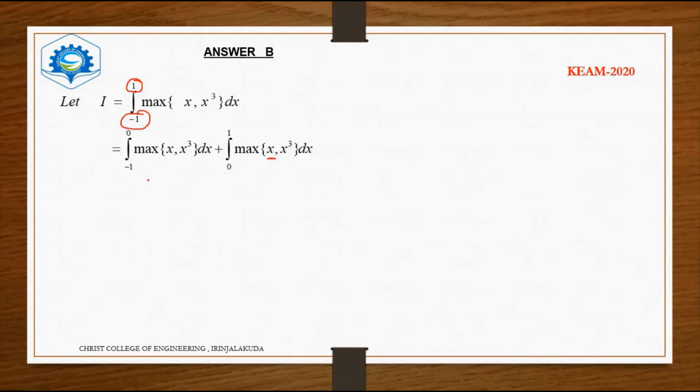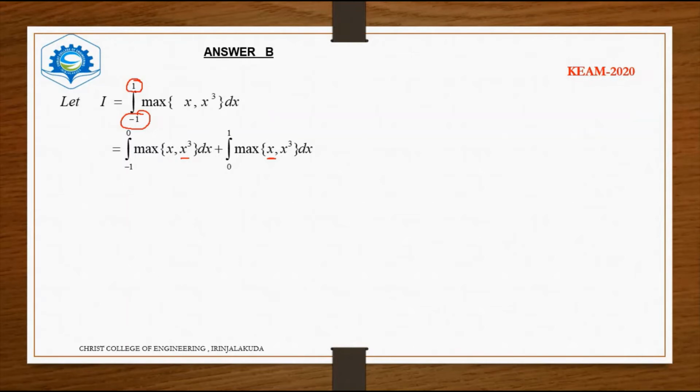Now, what happens in this interval minus 1, 0? Here also in minus 1, 0, you may find countably many rational numbers. Among all those rational numbers, x cube will be greater than x.